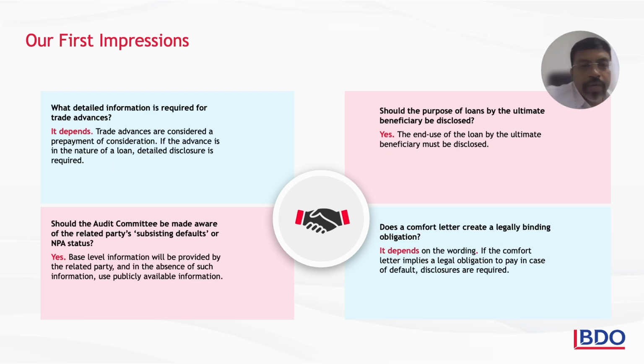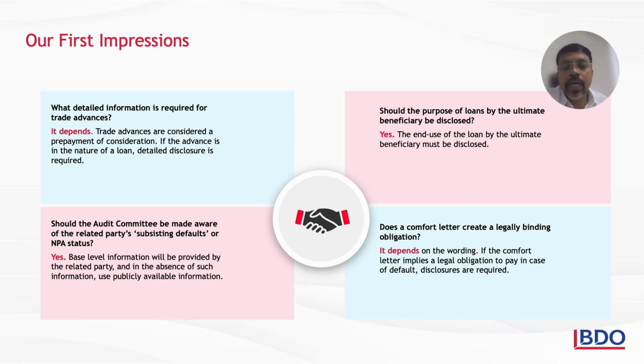So in case of trade advances, if the trade advances are in the nature of loan, detailed disclosures are required. And the RPT standard also requires now that the ultimate beneficiary, what is the purpose of the loan or other money given to them and how they are being utilized by them, the end use of the loan must be clearly specified in the papers filed before the audit committee.